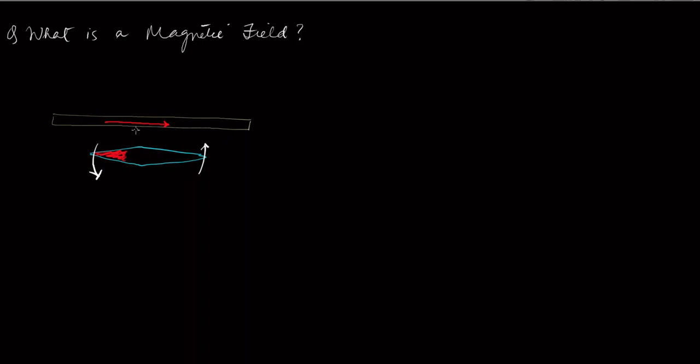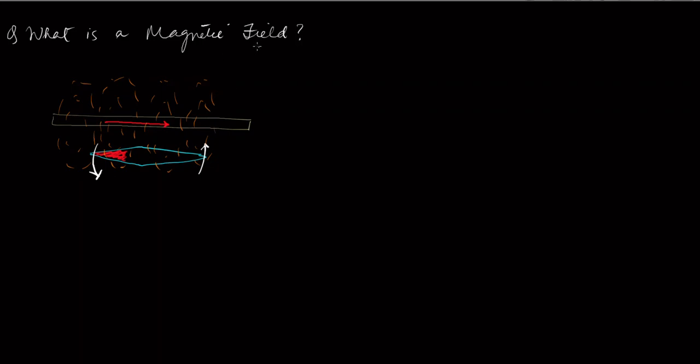So there is some kind of a field that affects this magnet. Alright, so this field is everywhere all along the wire. So we can say that a magnetic field is nothing but a region surrounding a current carrying wire. Not only a current carrying wire, but also a magnet.